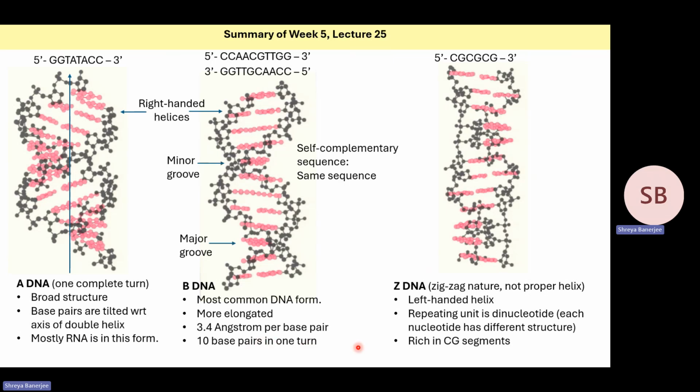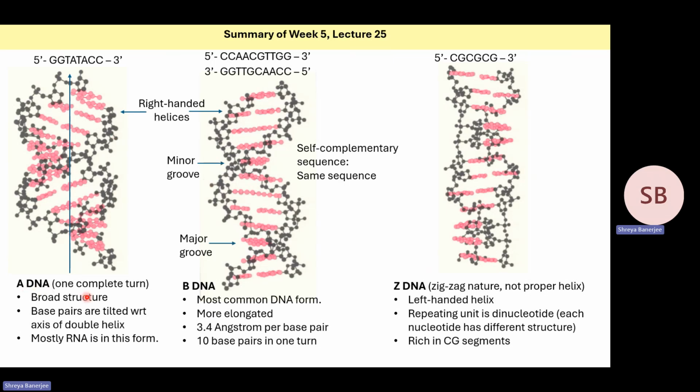So in one turn, the total rise will be 3.4 times 10, that is 34 angstroms. Another feature of B-DNA is that you have 2 kinds of grooves. You can see this is a large groove, also called the major groove, and a small groove, also called the minor groove.